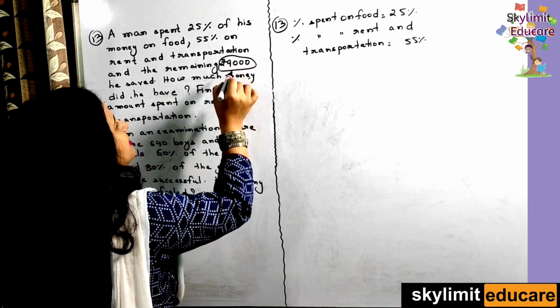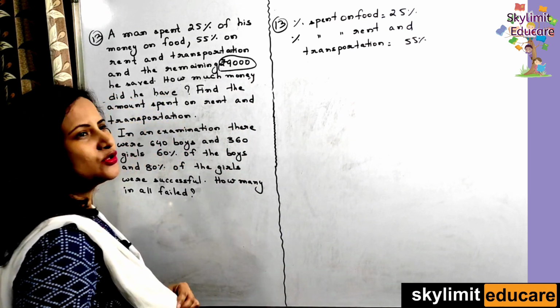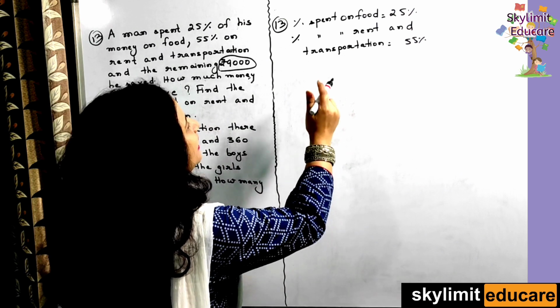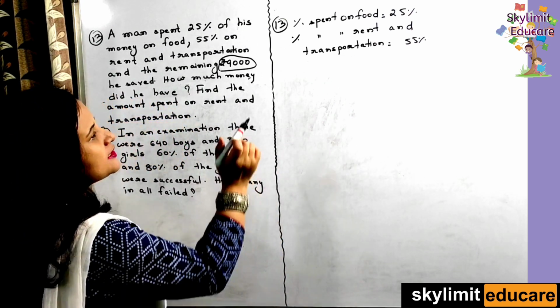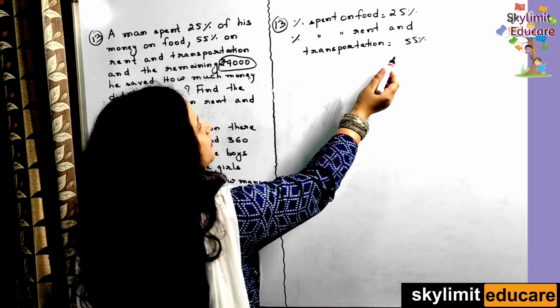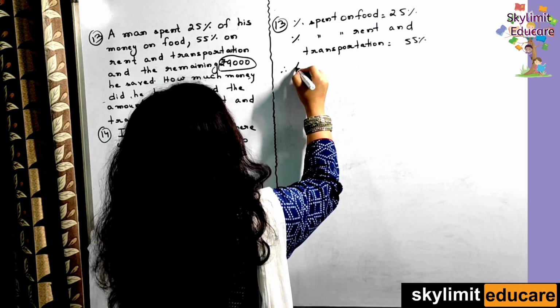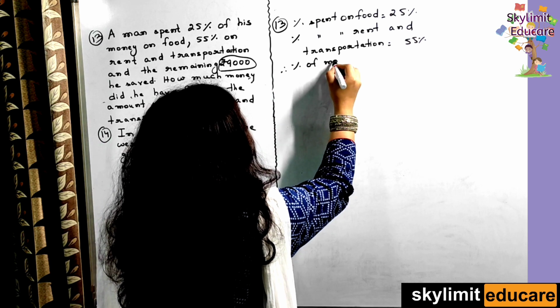The remaining amount is given. The remaining percentage we can find out easily. Yes or no? The total percentage is 100. So that means he spent 25% of his money on food, 55% on rent and transportation, and therefore what you have to find out is the percentage of money saved.